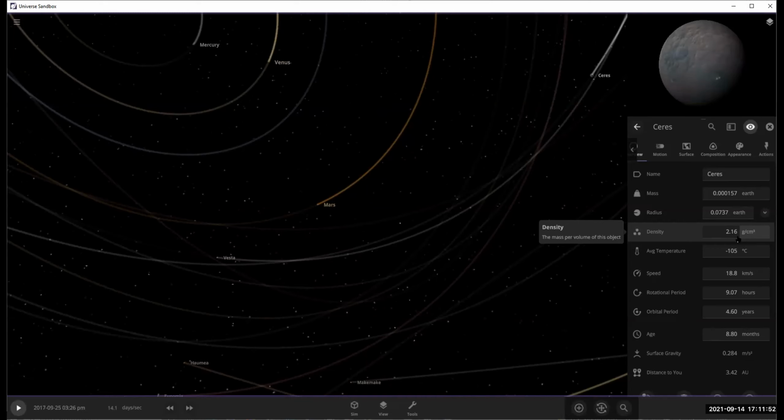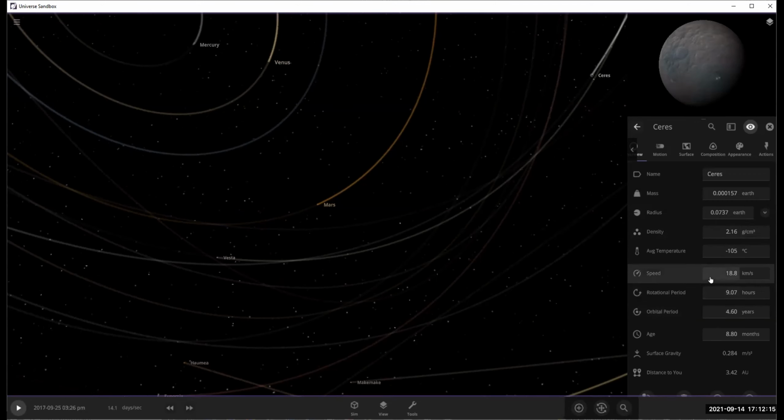The fact that it has less density means it doesn't have as much minerals and rock as, for example, Mars or Earth. So the culprit in here is ice. There is probably ice on top of it, but inside of it there must be an ocean, and that's what we're trying to explore.